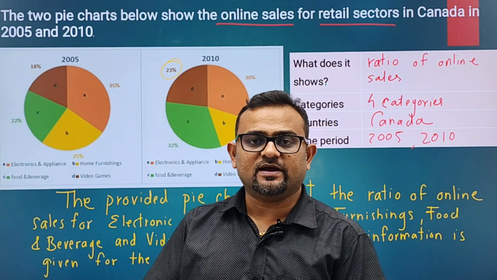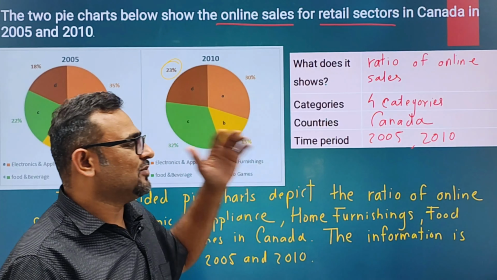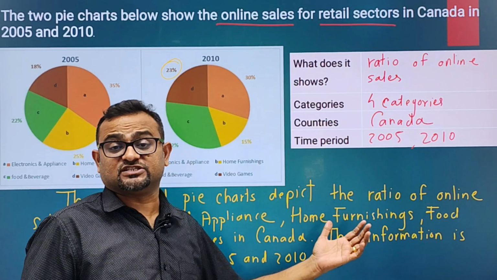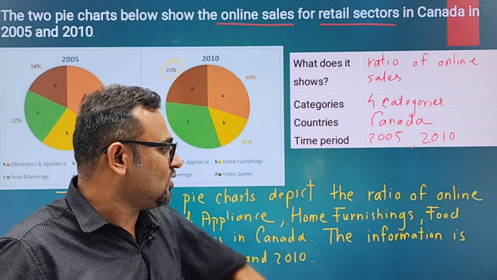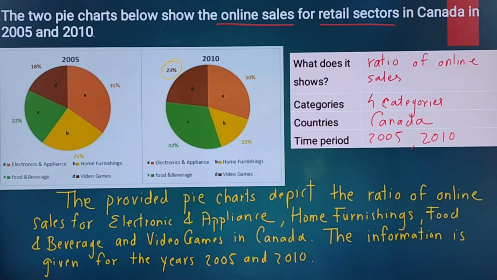Same format: the provided pie charts depict what it shows, how many categories, which country, and the information is given for the years 2005 and 2010. You have the opening introduction for pie charts, so just note it down.